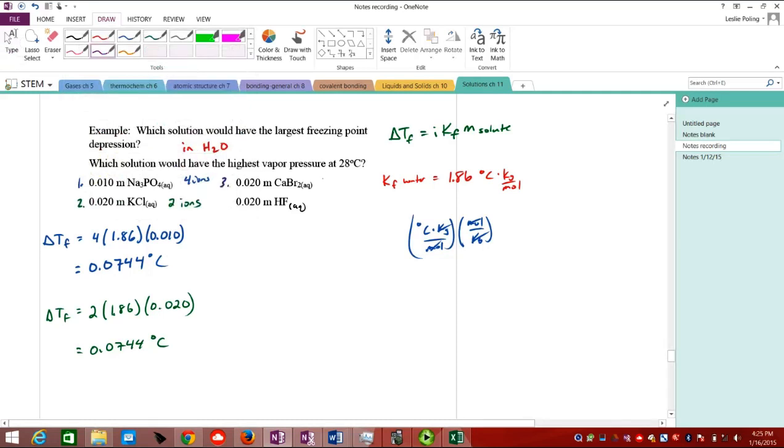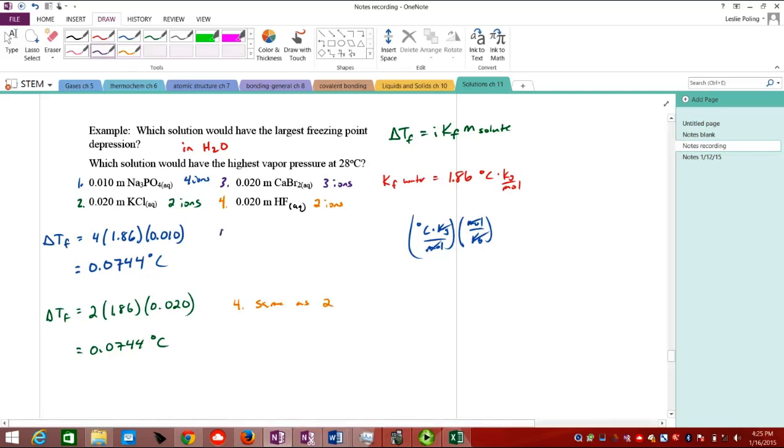Our third one here, we're going to separate into 1 calcium and 2 bromines, so we're going to separate into 3 ions. Our fourth one here, H and F, we would separate into 2 ions. So 2 ions and 0.20 molar, that would be the same as number 2.